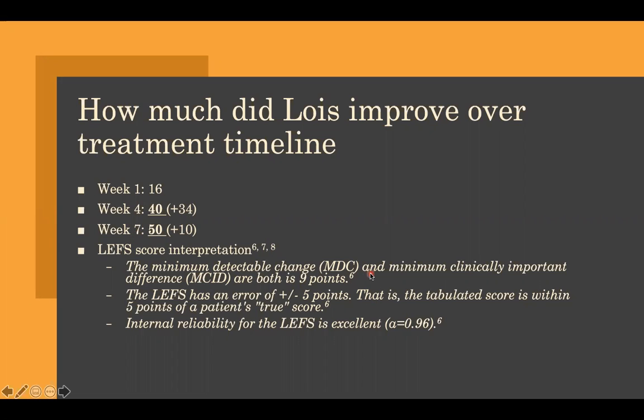The minimal detectable change and minimum clinically important difference are both 9 points for the LEFS, meaning that she improved both times by a measurable amount of change, a significant amount of change, and a clinically important amount both times.